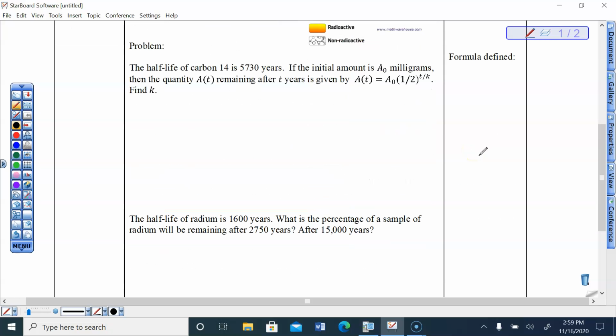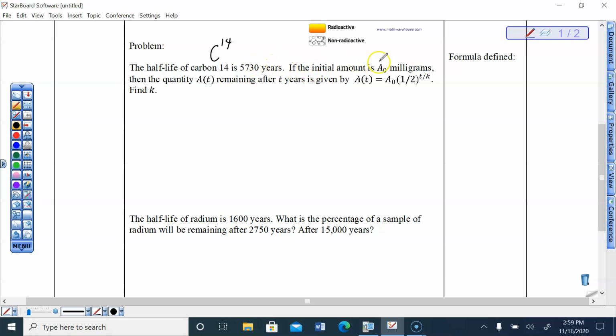So let's start off with this problem here. It says the half-life of carbon-14, so C14, carbon is typically, stable carbon is C12, so carbon-14 has 2 additional neutrons, which makes it unstable. Its half-life is 5,730 years.